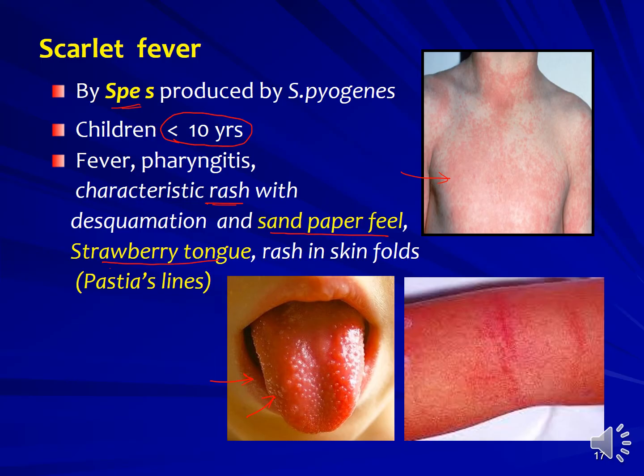A rash in the skin folds is also seen, and this rash in skin folds is considered as Pastia's lines. Pastia's lines, strawberry tongue, and the sandpaper feel are all features of scarlet fever produced by Streptococcus pyogenes in children.